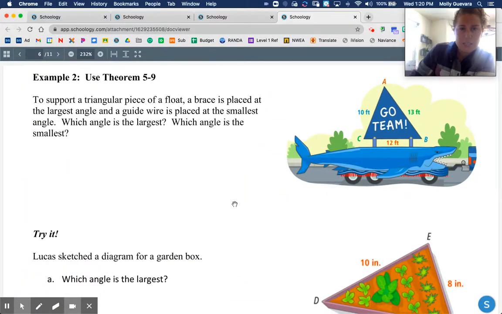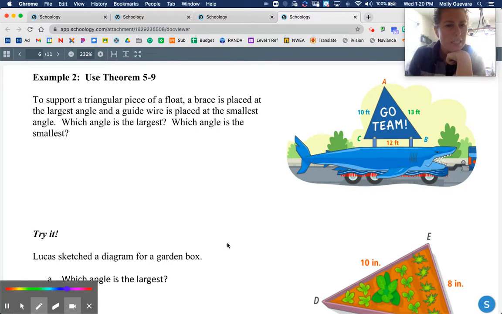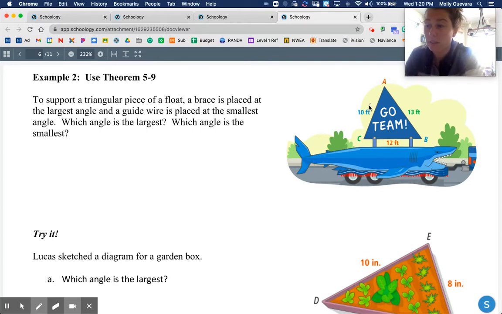It says use theorem 5-9. To support a triangular piece of a float, a brace is placed at the largest angle and a guide wire is placed at the smallest angle. Which angle is largest? Well, I know that the largest angle is going to be across from the largest side. So I have 10 feet, 12 feet, and 13 feet.